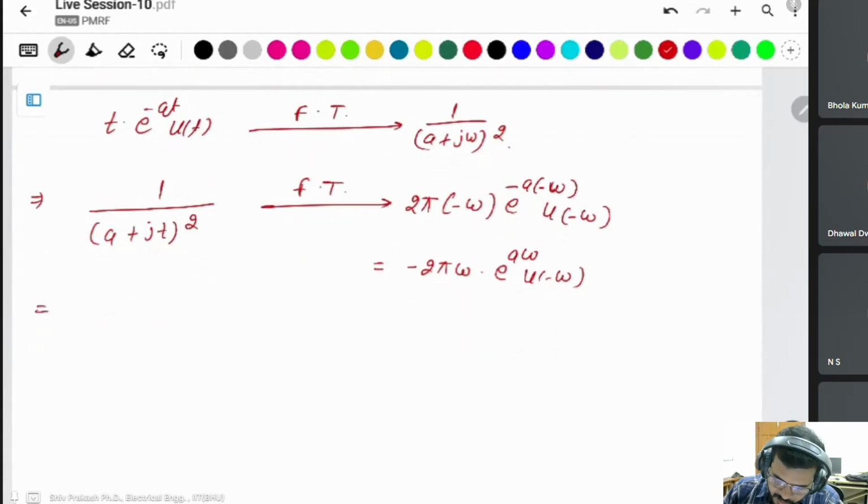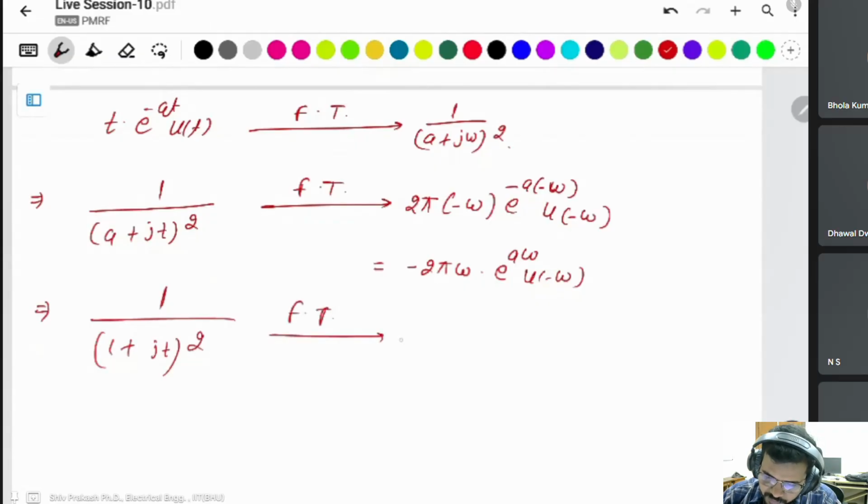In the place of a, you put the value and find the Fourier transform of this function, simply minus 2 pi omega e to the power of a omega u of minus omega, like that.